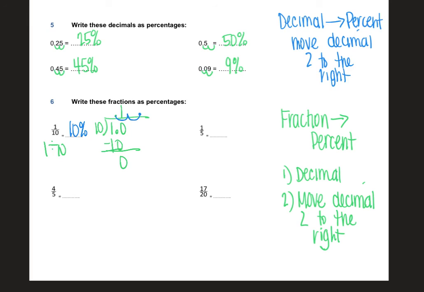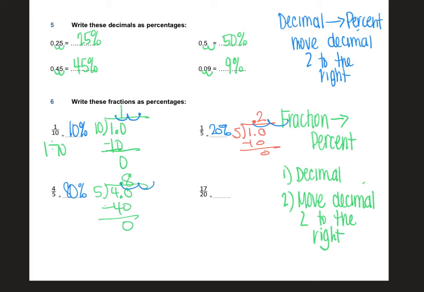All right, 1/5. I did that one before, so I know that it's 2 up here, 0.2, subtract 10, and we're all done. I move my decimal 2 to the right, and I get 20%. Four-fifths, I get 0.8, but again, move it to the right, and I get 80%.